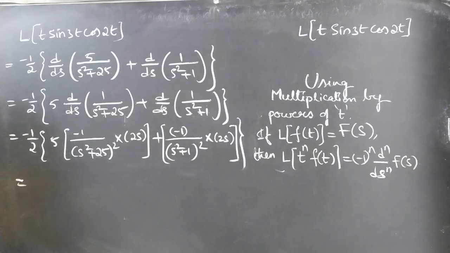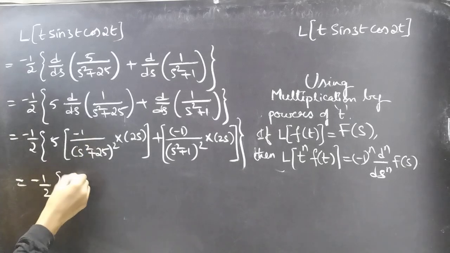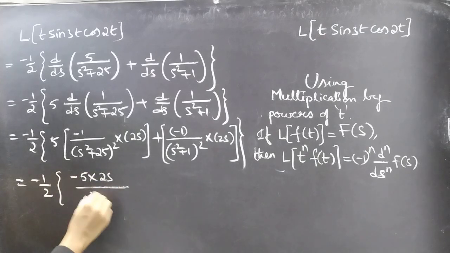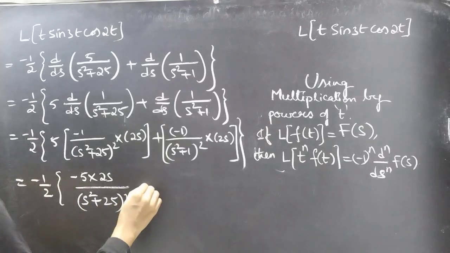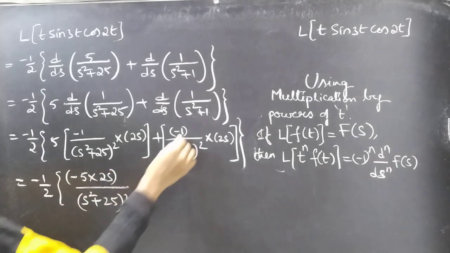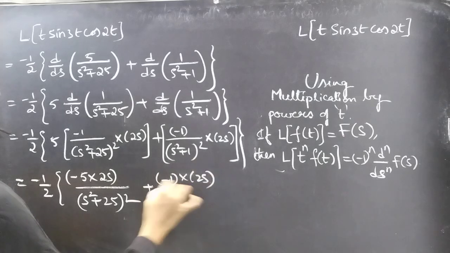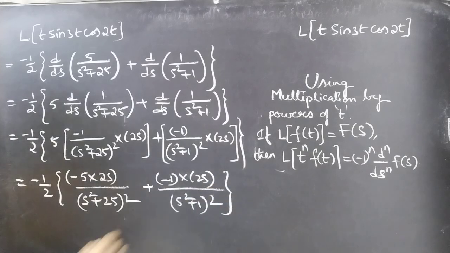This is equal to minus 1 by 2 into minus 5 into 2s by s square plus 25 whole square, plus minus 1 into 2s by s square plus 1 whole square, right?